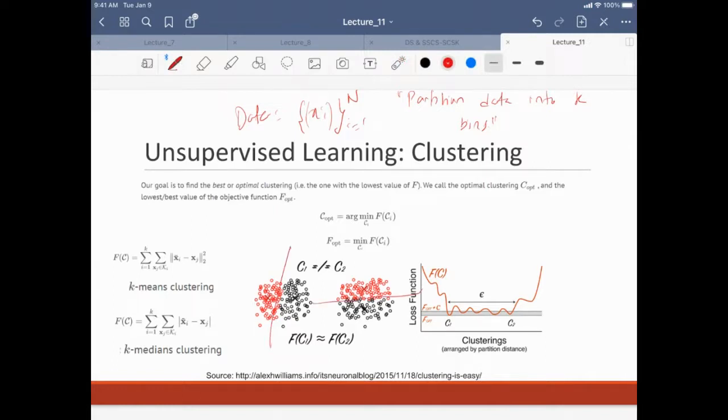Now, unfortunately, because you don't have any class information, you don't really know whether your decision boundary is going to look like this or like this. All you know is that points that are close by should be clustered together. But obviously there will be points close by towards the decision boundary, but we still need to draw a boundary.